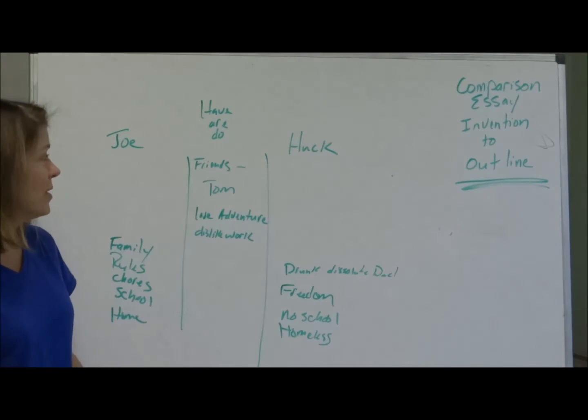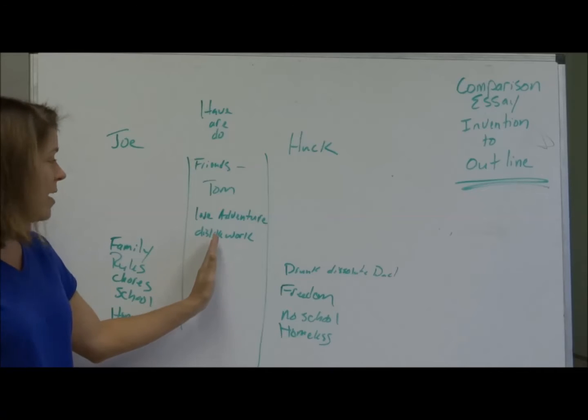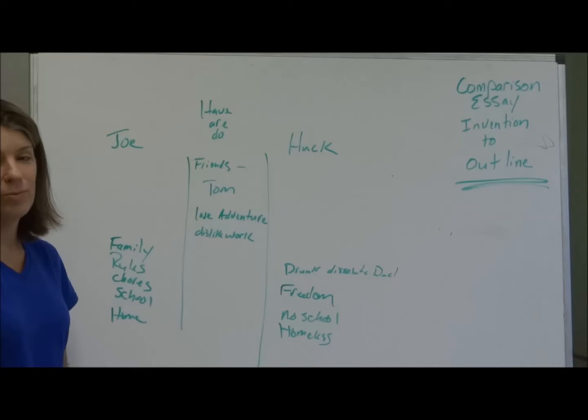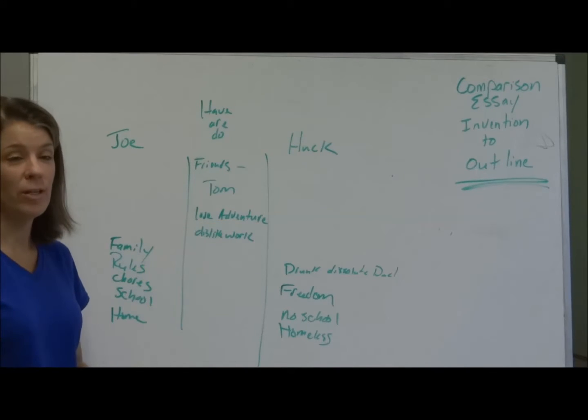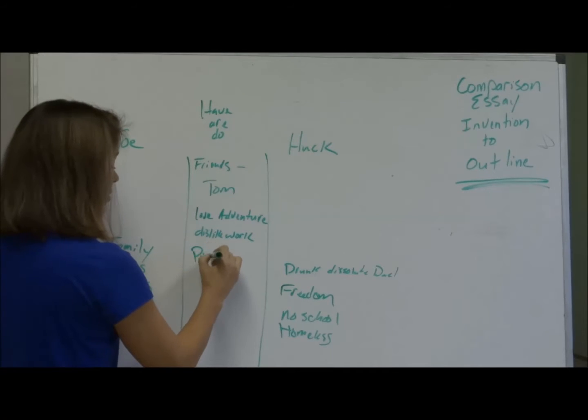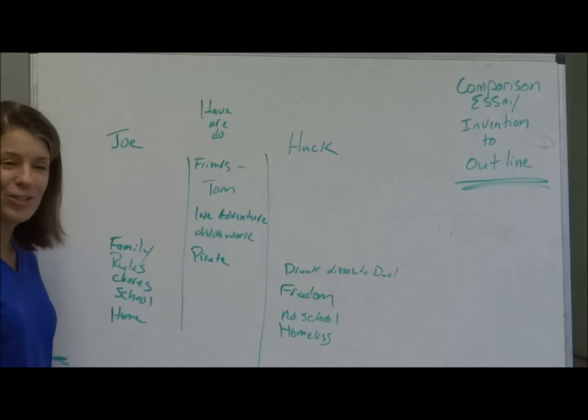Okay, and then what about things that they do? Things that are the same or things that are different that they do? They love adventure. What are some of the adventures they went on together? They went on the pirate adventure. Any other adventures they did together?